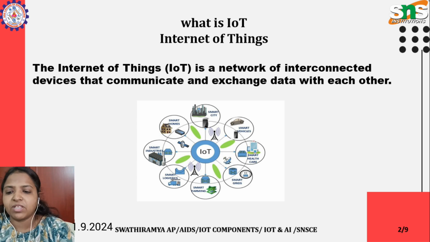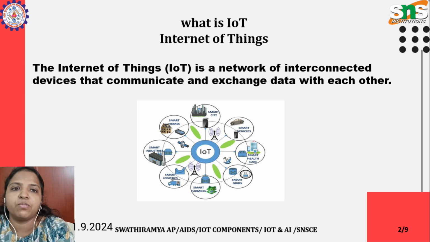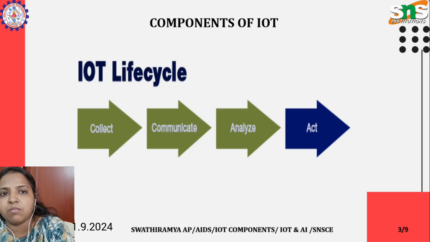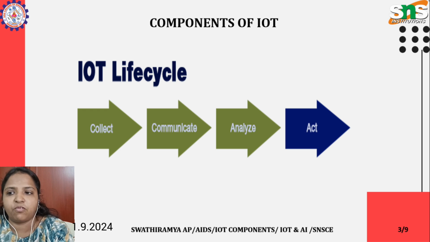Let's discuss the components of IoT. As I told you before, IoT is a connection of devices. The devices can be real-time things. It can be a vehicle or object, any kind of device which should be embedded with a sensor, and it should have the support of software and also network connectivity.